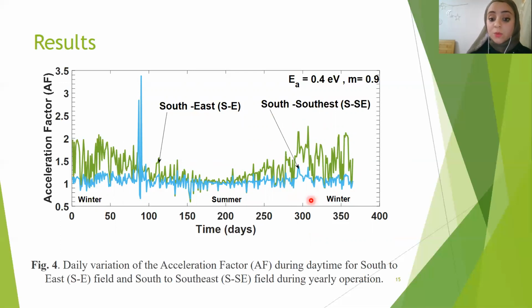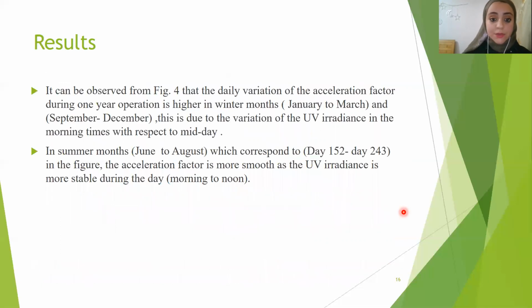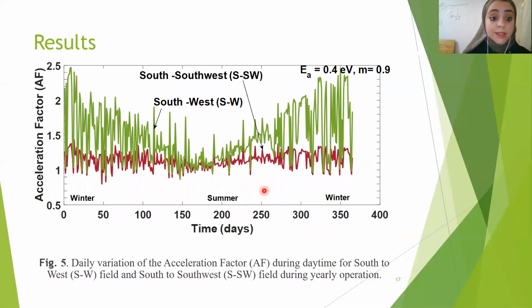But in the winter period, we can notice that the acceleration factor is very high, and this means that there is a variation between the UV intensity captured early in the day and captured at midday, which corresponds to the south orientation. Here we can also visualize the acceleration factor for south to southwest and south to west, and it's a little bit different because the variation in the winter periods is very high for this case.